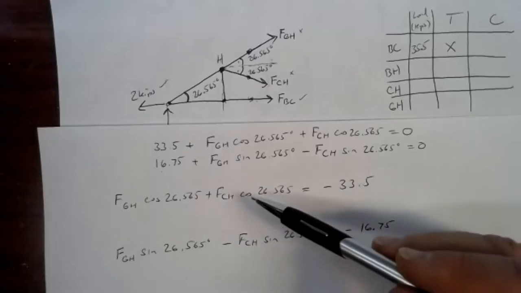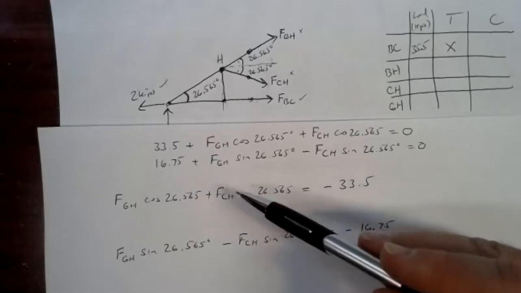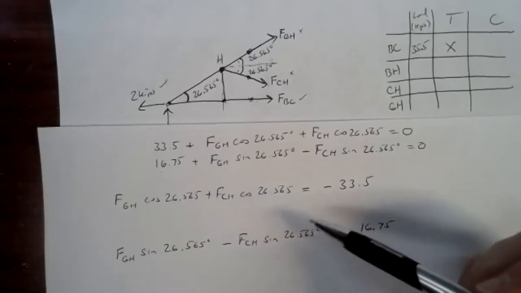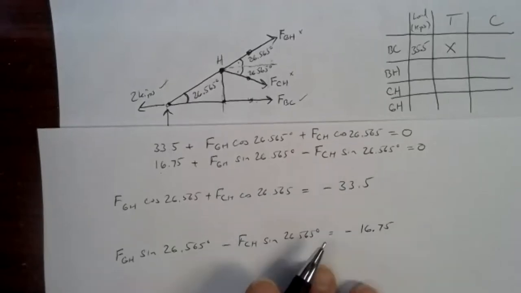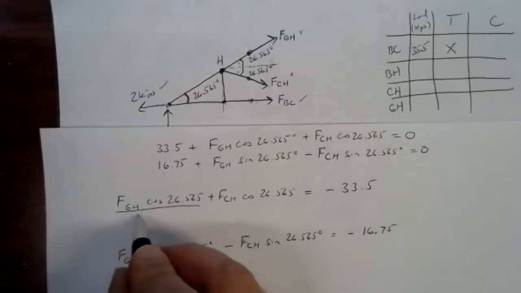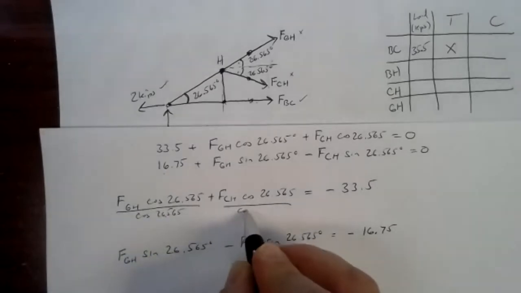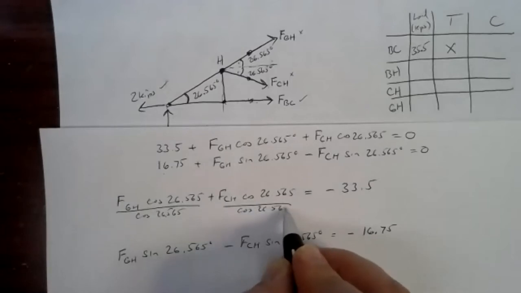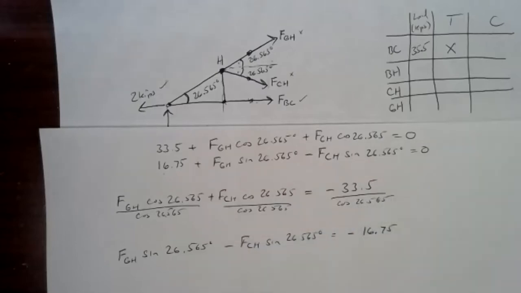It'd be easier if I could force the numbers here that are multiplying the unknown values to be 1. Well, fortunately, we have a way of doing that. We can divide. Remember that we don't change an equation if we divide each term by the same number. If I take this first equation and I divide each term by the cosine of 26.565, it's just a number, it won't change the equation at all, but it'll clean it up a lot.